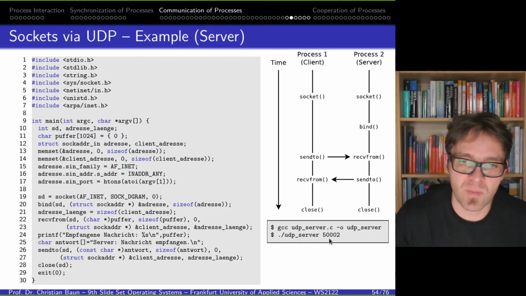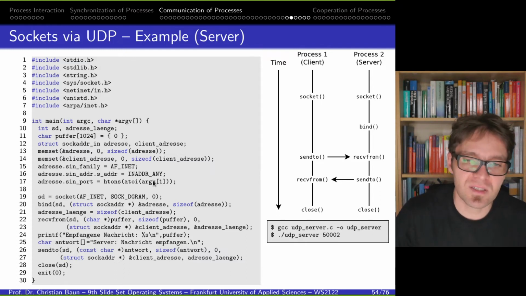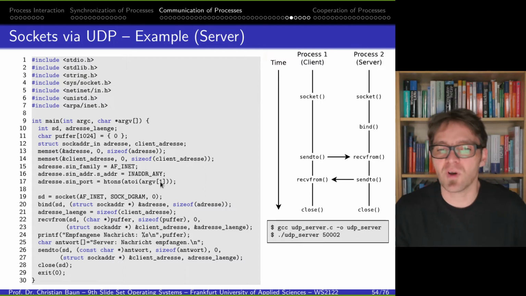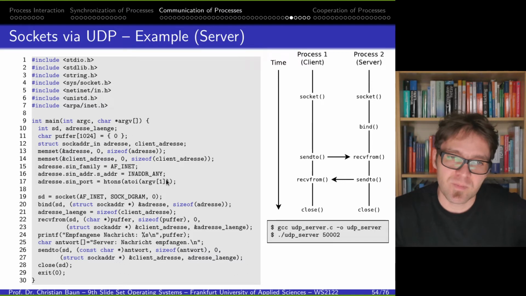As command line parameter, we specify the port number, and that's exactly what we read here in line 17. It's the first command line argument after the file name of the executable.